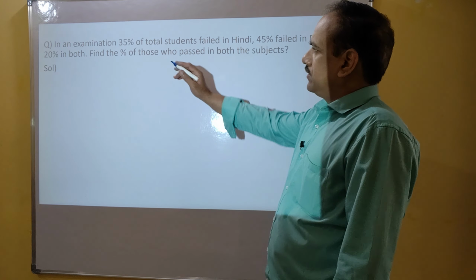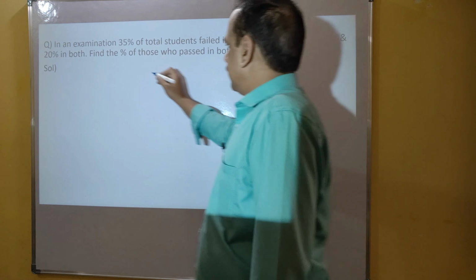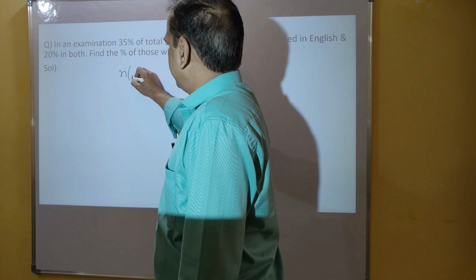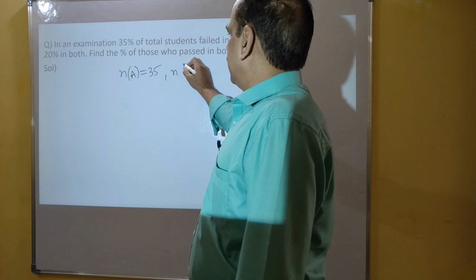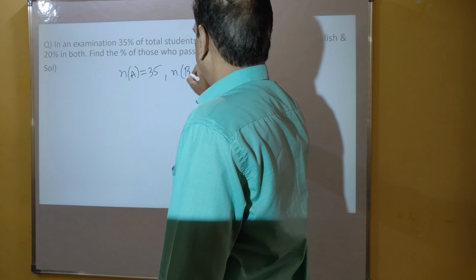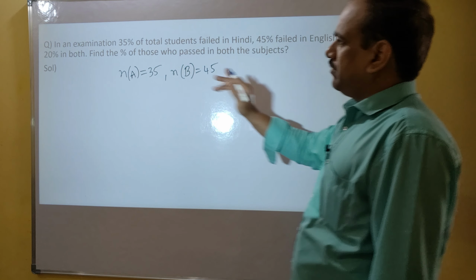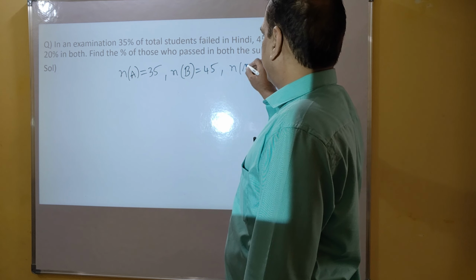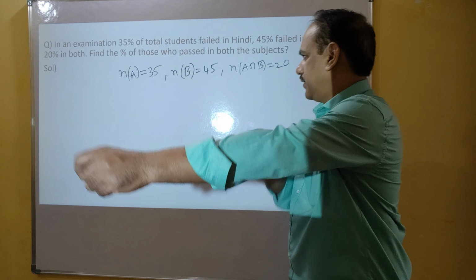In an examination, 35% of the total students failed in Hindi. So N of A is 35. 45% failed in English, N of B is 45, and 20% in both. N of A intersection B is 20, right?